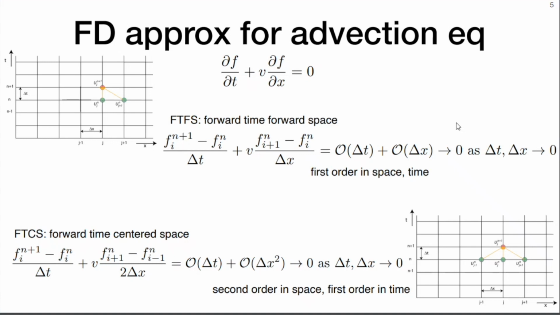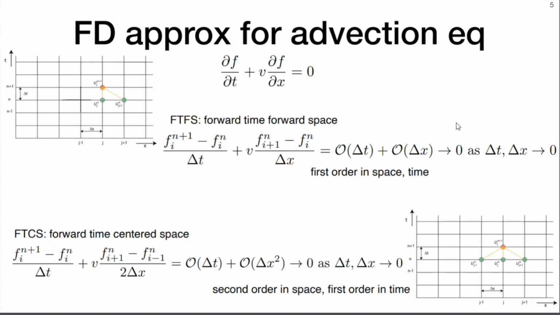Now, if you look at this expression, we want f i n plus 1. You can rearrange it and write it as f i n plus 1 equals f i n plus v delta t by delta x times the difference. So you actually see these space-time diagrams again. This is x, and the y-axis is t. This is i comma n, the present value of f.